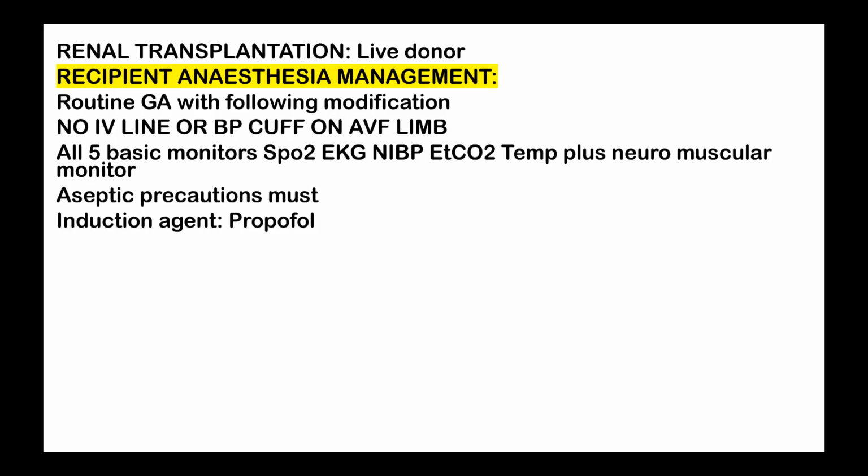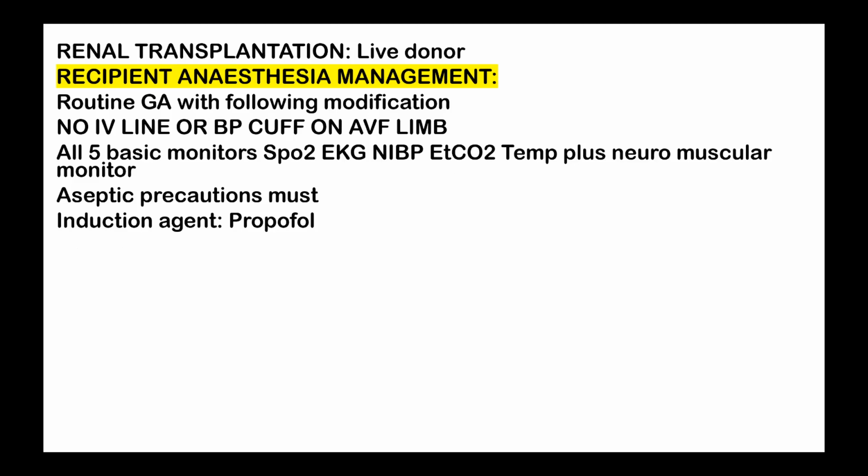But if the recipient has any comorbidities like cardiomyopathy or other compromised cardiac function, then it may be necessary to always have these things. Otherwise, you can manage these patients with non-invasive monitors itself.